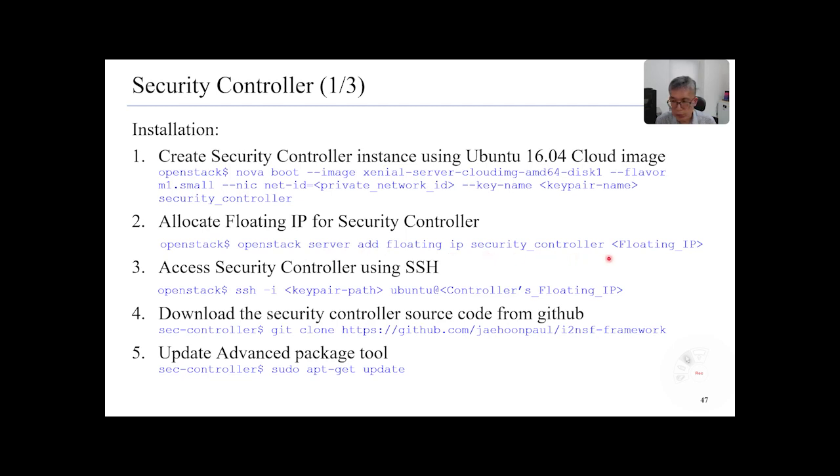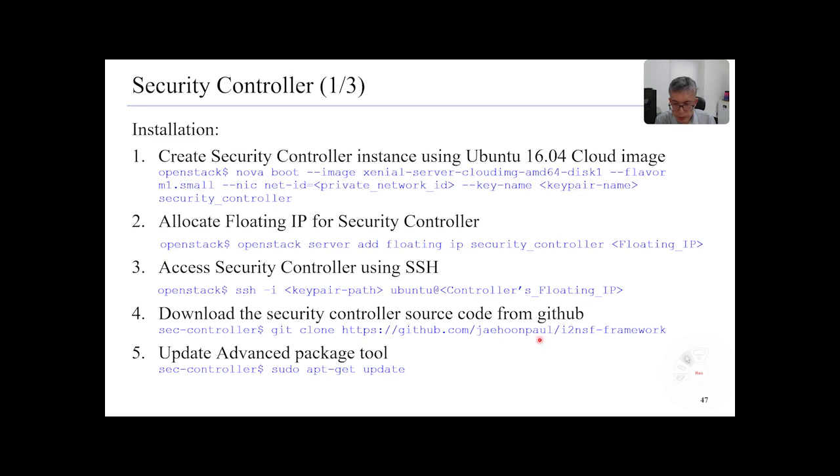The security controller floating IP address is used to access the security controller using SSH secure shell, with the key pair, as Ubuntu at the controller floating IP address, and then download the security controller source code from GitHub.